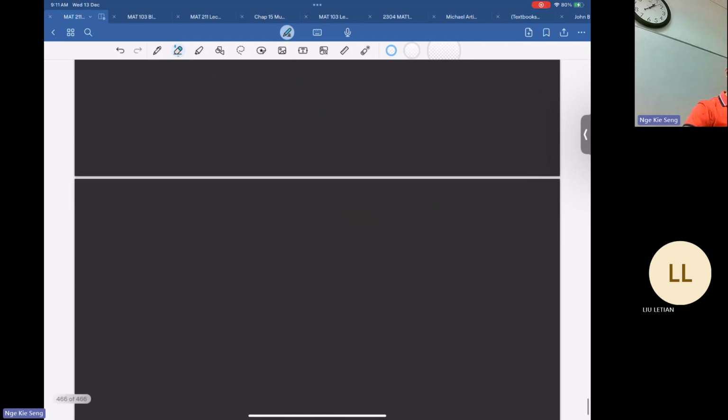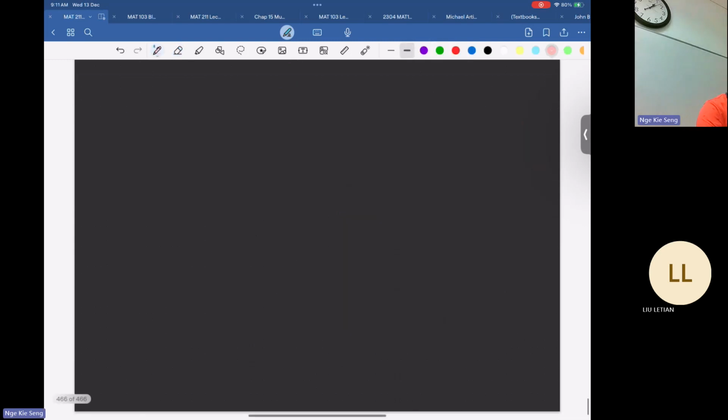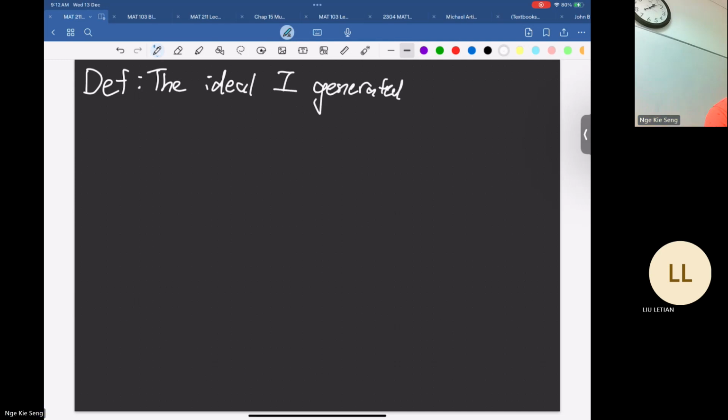Okay, let's continue. We talked about an ideal generated by one element, so we can talk about an ideal generated by a few elements. An ideal I generated by the set of elements A1 up to An.